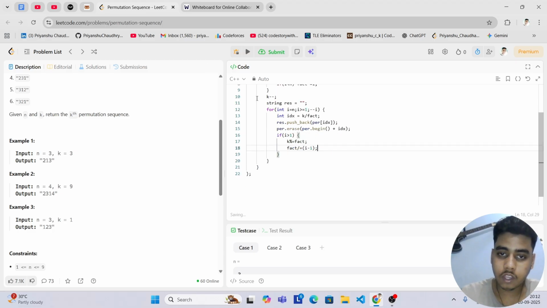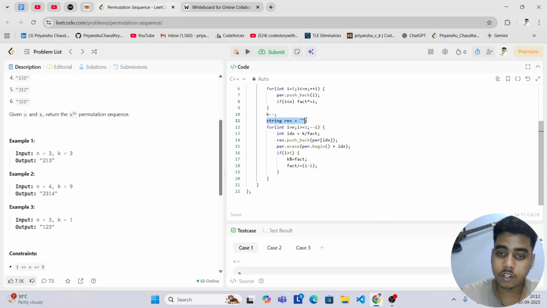Alright, so now we can see that our resultant string will fill, and this way we can store the resultant, and at last I have to just return the result.